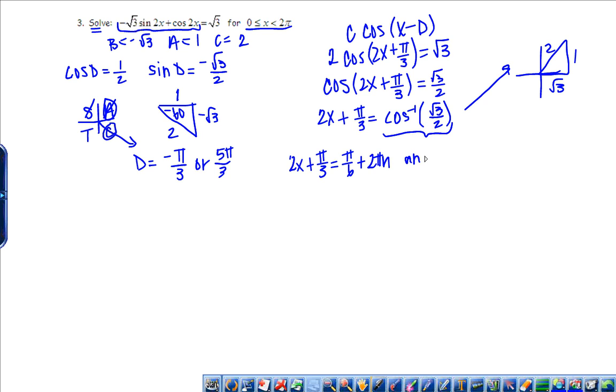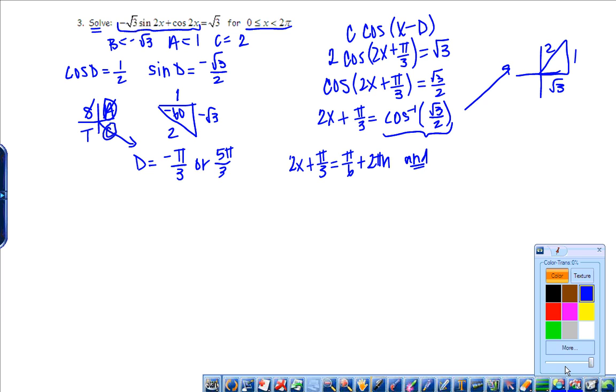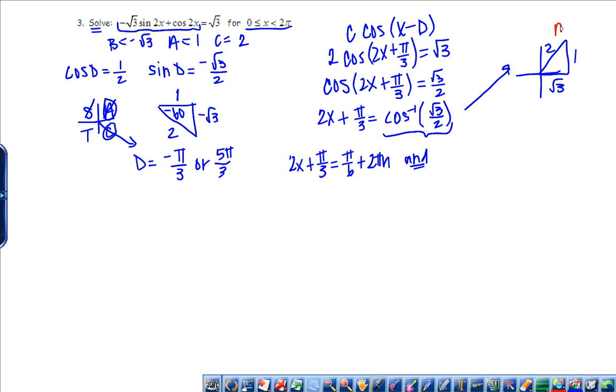Okay, this is where some people mess up. We wrote one general solution. I'm going to write my second one right now. I've already written one of them here because cosine is positive. Since cosine is also positive here, my second triangle is going to be drawn down here as well.